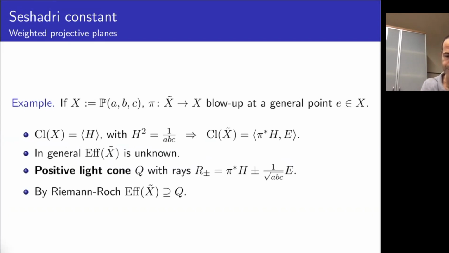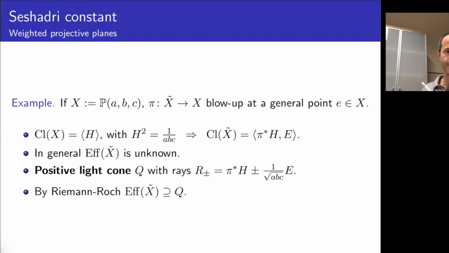We take the blow-up of this surface at a general point that I denote by E. The Picard rank is 2, as in the case of the blown-up P2. We can take as a generator of the divisor class group the class H, having self-intersection 1 divided by the product ABC of the degrees.